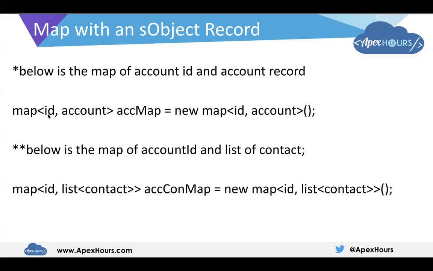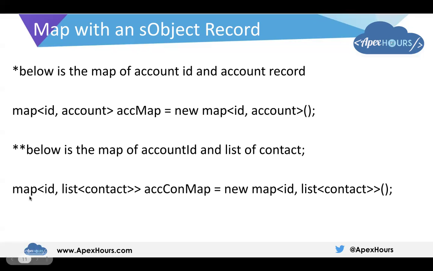You can use string here, you can use integer here. Here for now I'm just using id, then the data type of the value. So account is also a data type, right? It is an sObject data type. So this line will create an empty map of account ID and the account record, right?